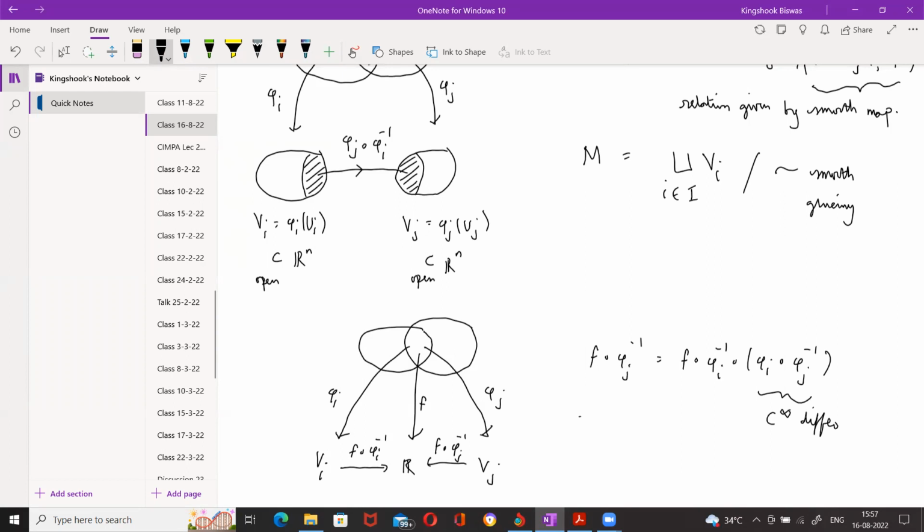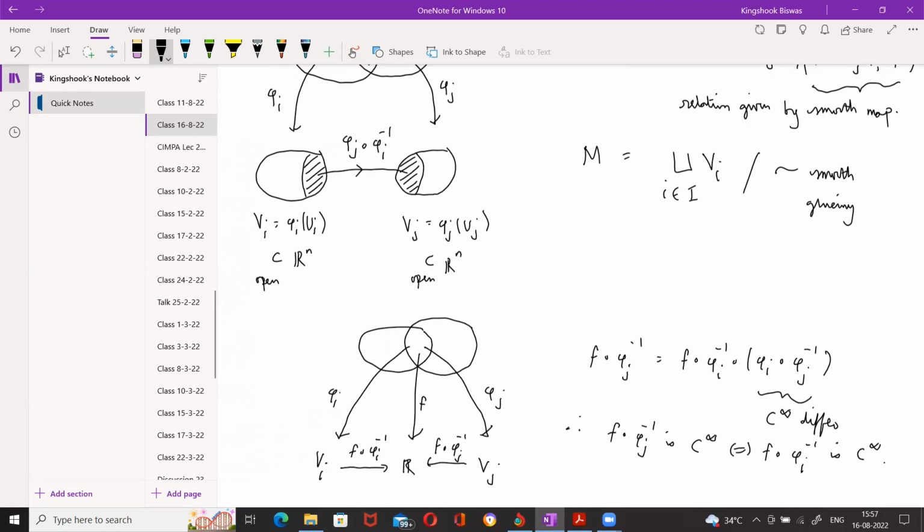Therefore, F composed phi j inverse is smooth if and only if F composed phi i inverse is smooth, because they differ by composition with a C infinity diffeomorphism.